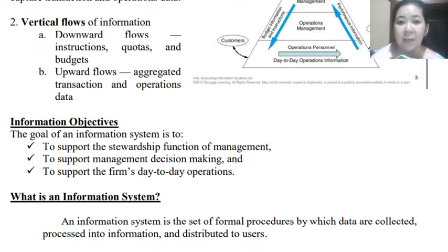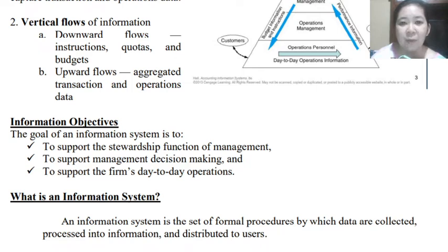These are basically used for decision making. Aside from that, it also aids the management in the operations, the planning or budgeting, or even in controlling the day-to-day operations or the enterprise as a whole. That's why information is very important.